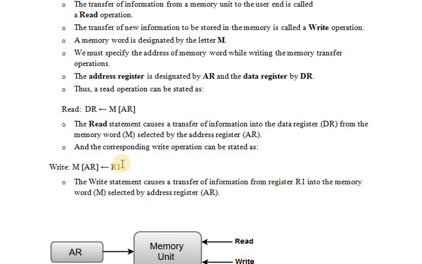The write statement causes the transfer of information from register R1 into the memory word M selected by the address register AR. So the information that is in R1 is transferred to the memory that is selected by the address register AR. Now we will see the block diagram.